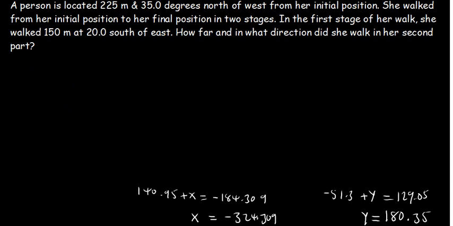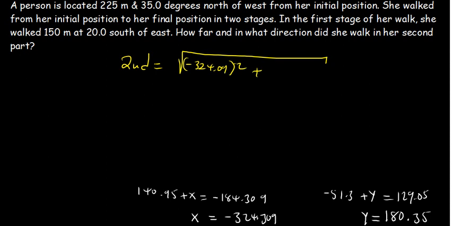The magnitude for the second position is going to be the square root of the x component, negative 324.309, in brackets, squared, plus the y component, 180.35, also squared. That gives approximately 371.08 meters.